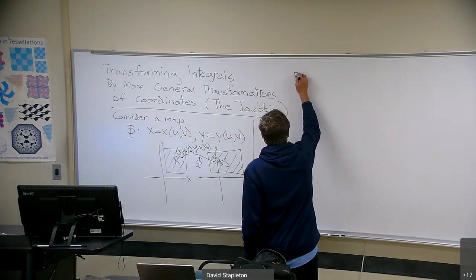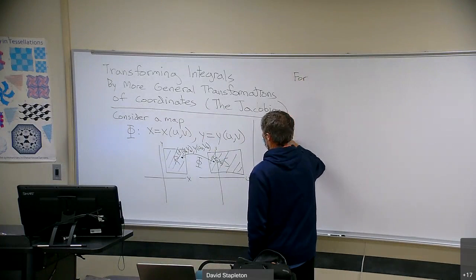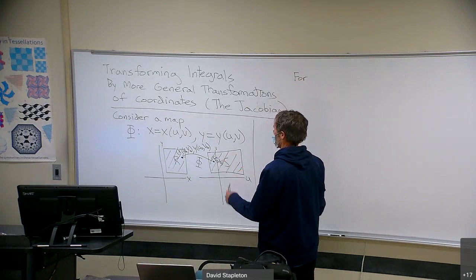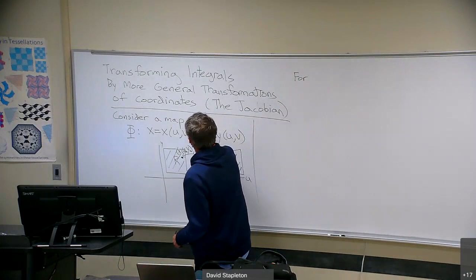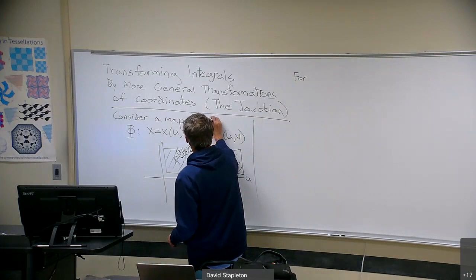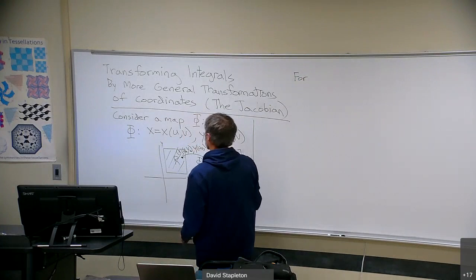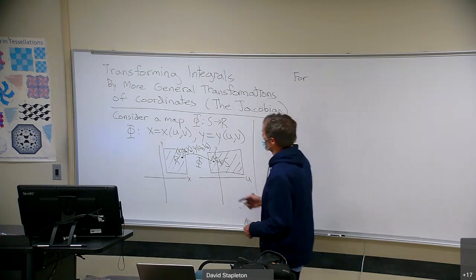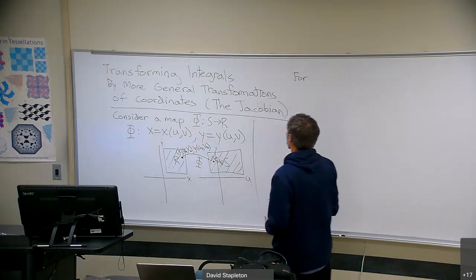For integration purposes, and so here the domain would be S, and it maps S into R. So it's a map phi taking the region S, some region S in UV space into a region R in XY space. We'll write it that way. It's a function. Where it's given by some functions here.